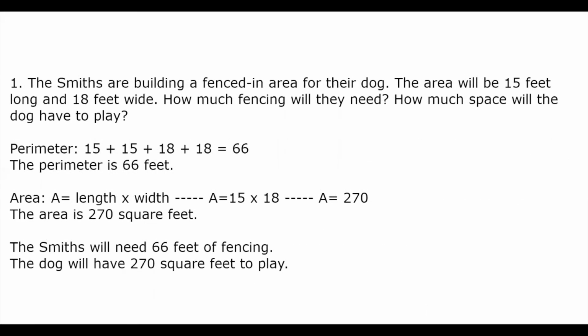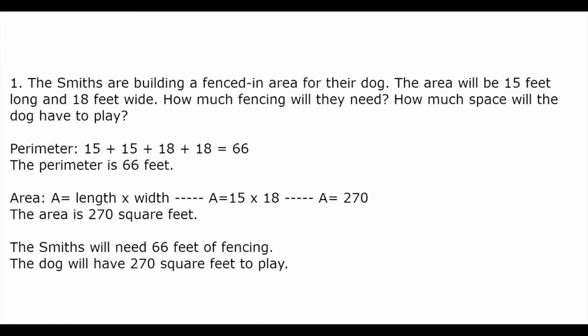Okay, so like I said before, what we have to do is find the perimeter and the area. To find the perimeter, all we have to do is add up all the sides. So we have 15 plus 15 and 18 plus 18, and we get 66. So the perimeter is 66 feet. That's how much fencing they will need. And then the second question is, how much space will the dog have to play?